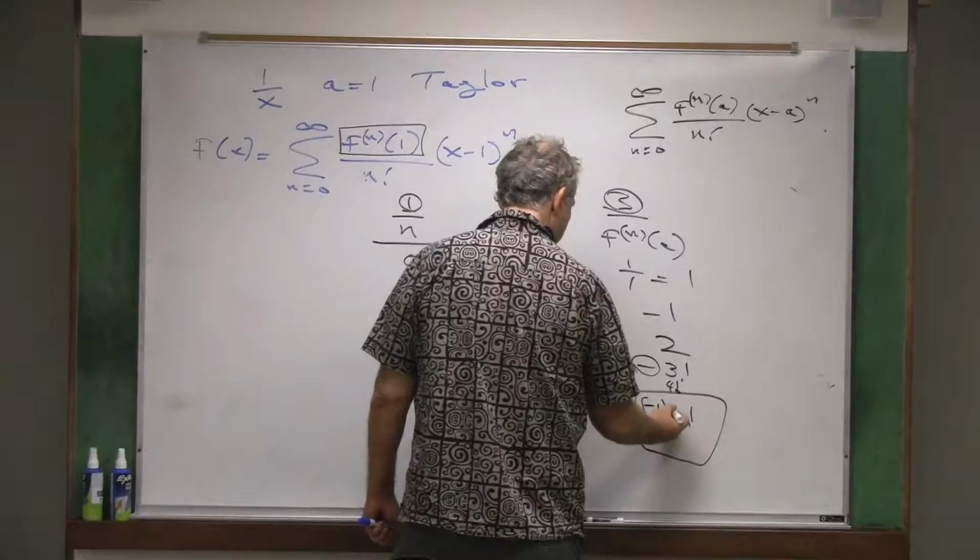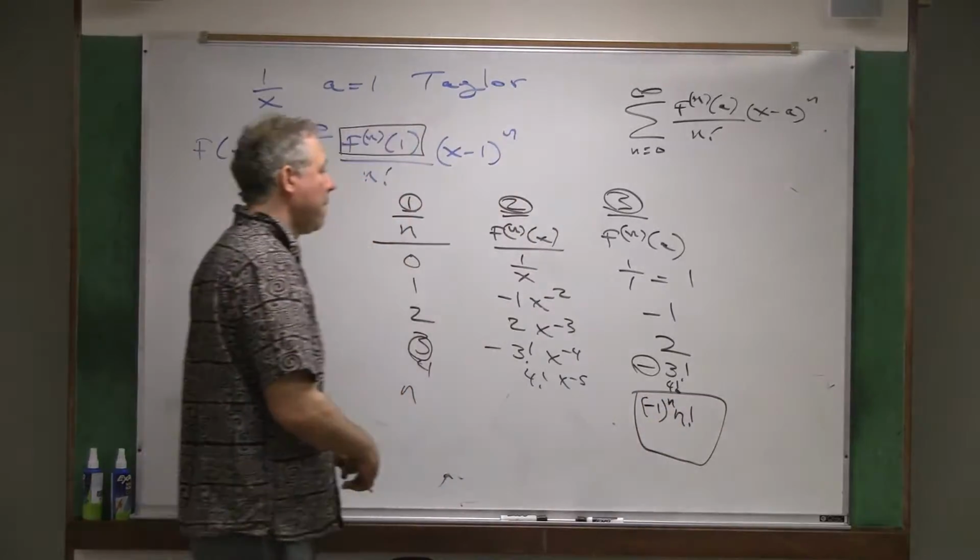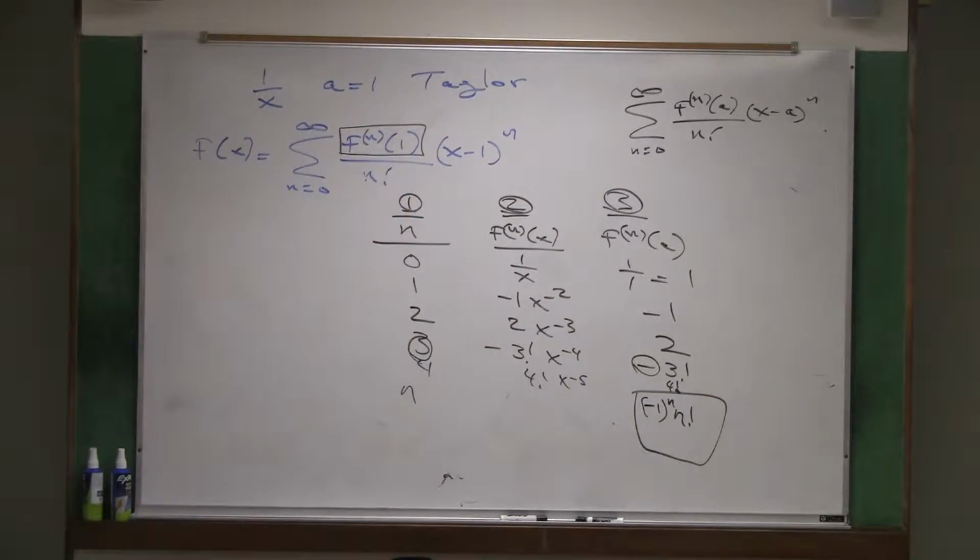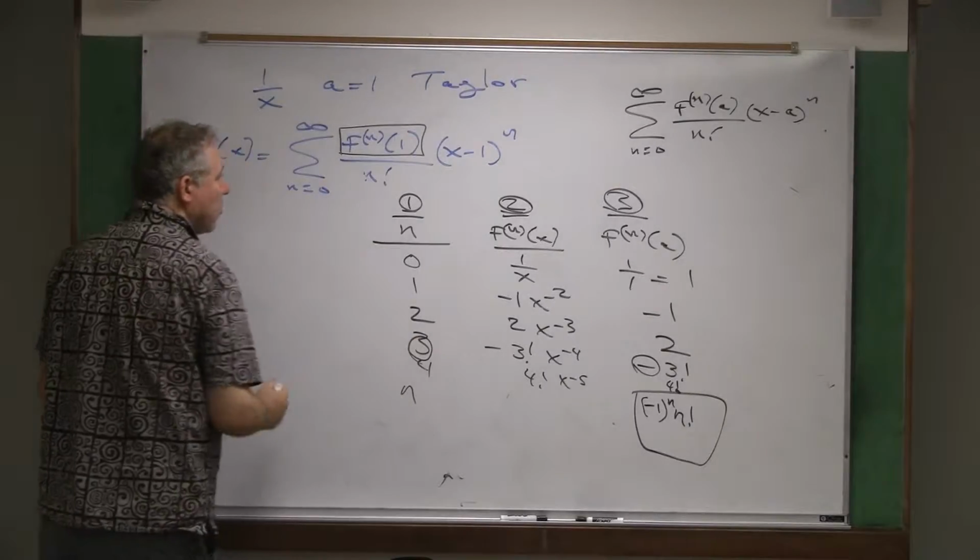And then where did the pattern start? It starts at the beginning, because 0 factorial is 1 and 1 factorial is 1, and it looks like the pattern holds throughout. So you can just say the pattern starts at the beginning and holds throughout.